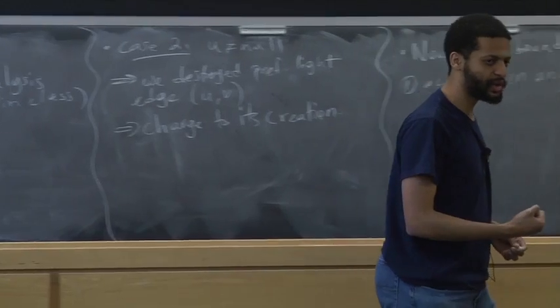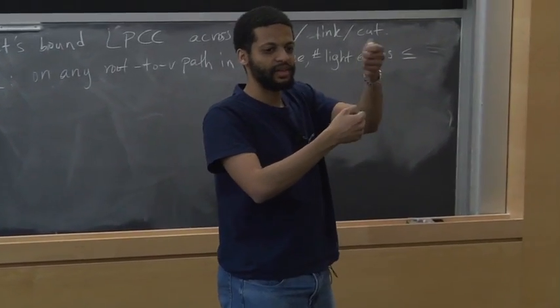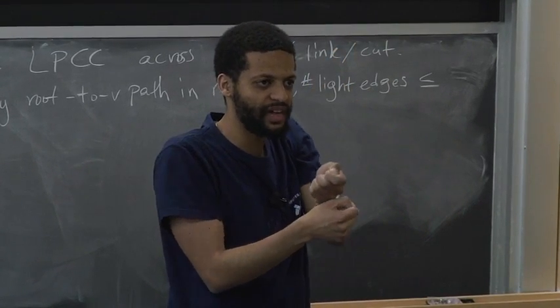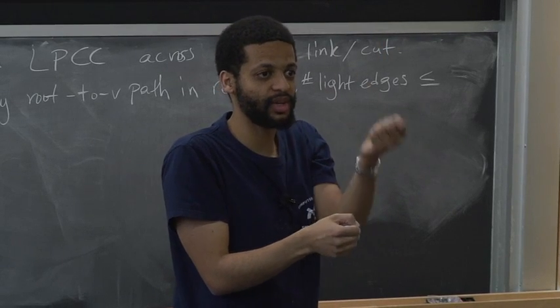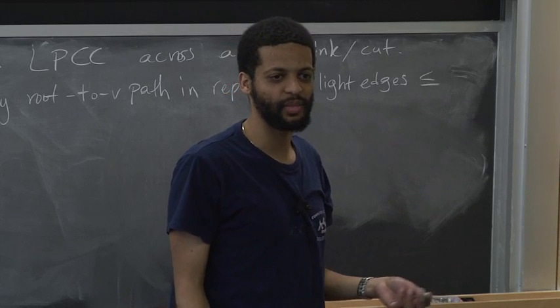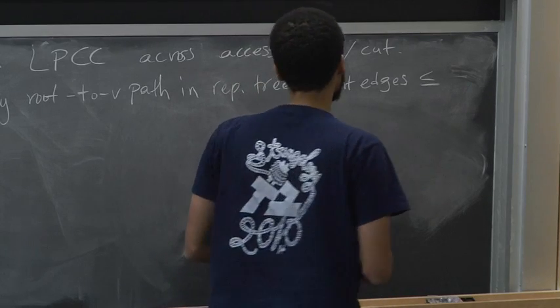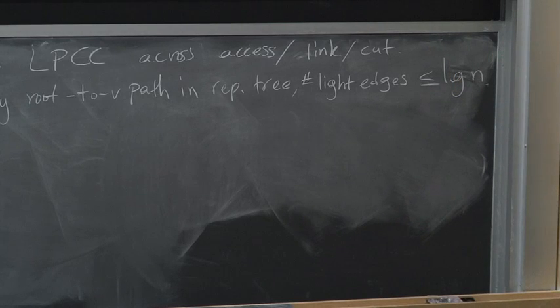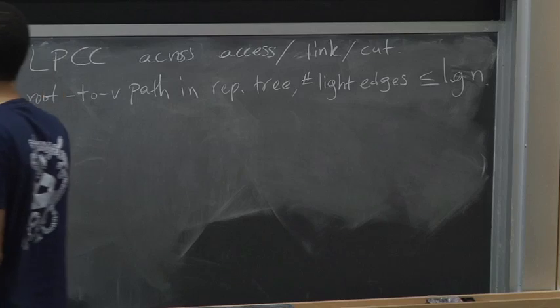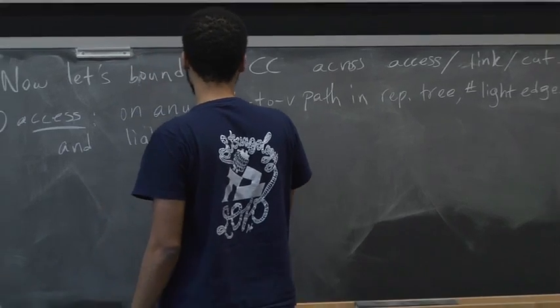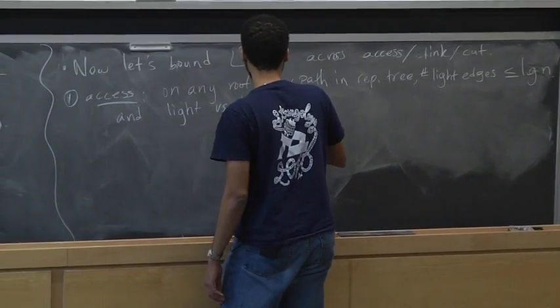So when you're doing an access and you're changing preferred children going upward toward the root, you're changing it along this preferred path. Some of those are heavy creations, some are light creations. But the number of light creations is at most log n, because there are only at most log n light edges on a path. And what's light versus what's heavy doesn't change during access.